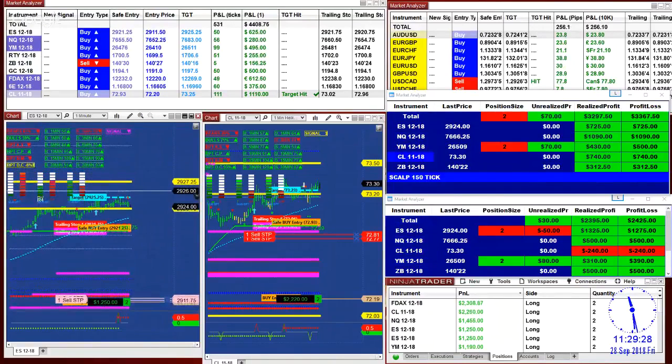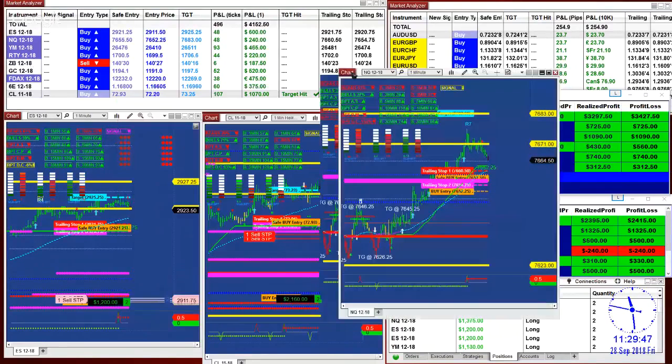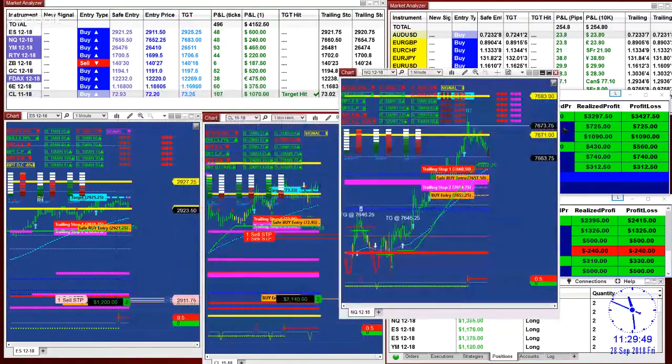Maybe there is a little more potential on the CL, but I don't see anything on the NASDAQ. Wait a minute. We are coming to this area on the NASDAQ.